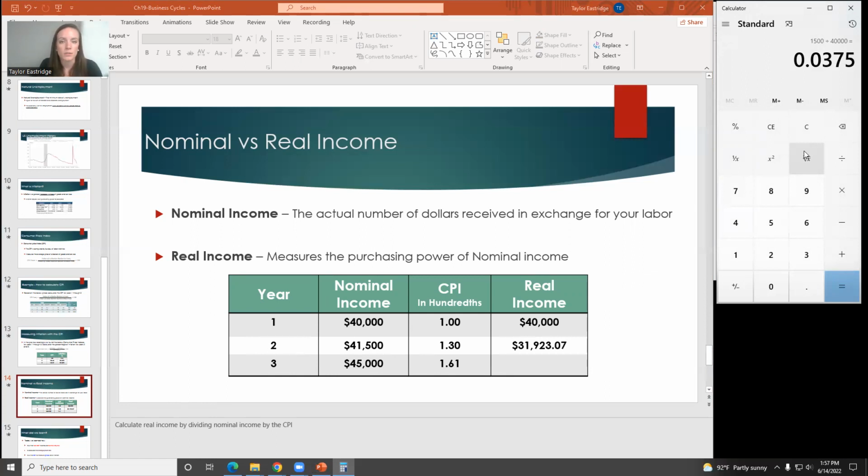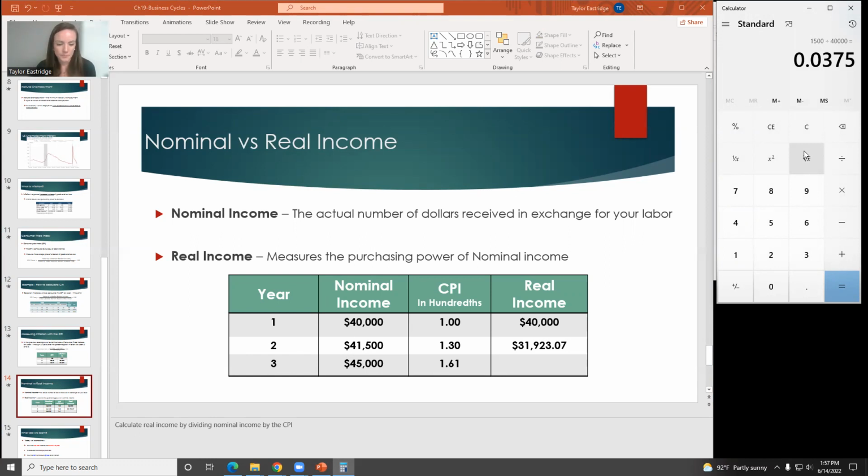My rate of increase of income was lower than the rate of inflation. So inflation was 30%, my raise was 3%. Because prices of goods are increasing so quickly, I'm actually not able to purchase as many goods in year 2 as I could in year 1 because of the inflation.